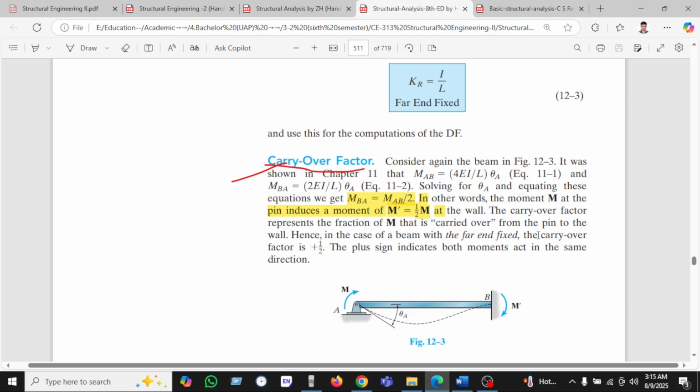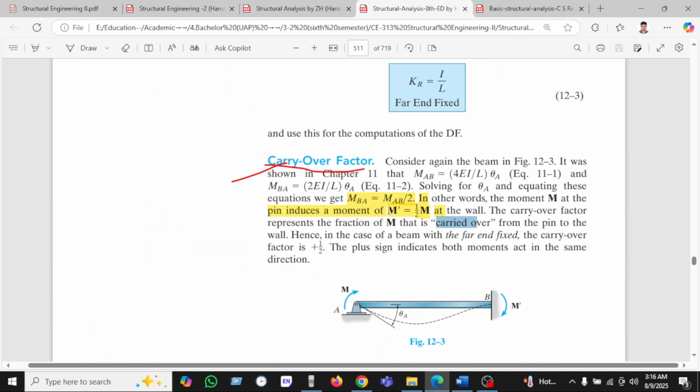So we can see the pin moment is half of the wall moment. The carryover, or the repetition of the fraction of M, we have seen is from the wall, hence for a beam with the far end fixed, the carryover factor is half.